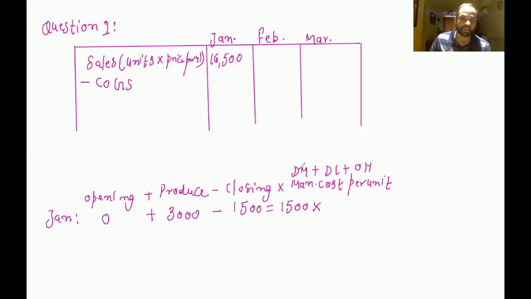So how much is the direct material? Direct material is 2.